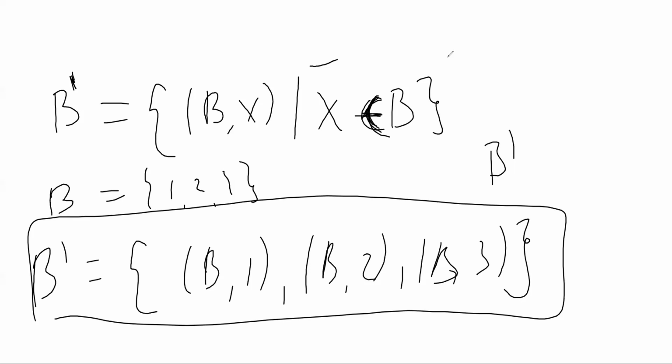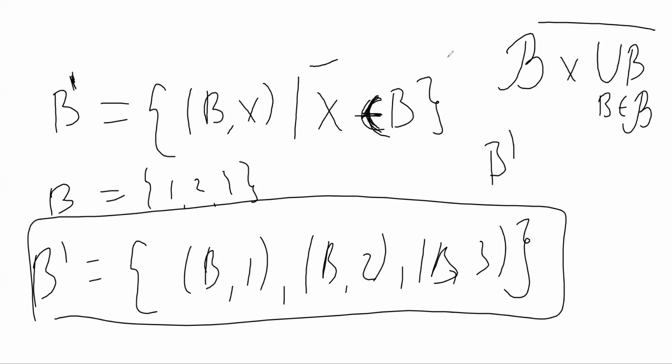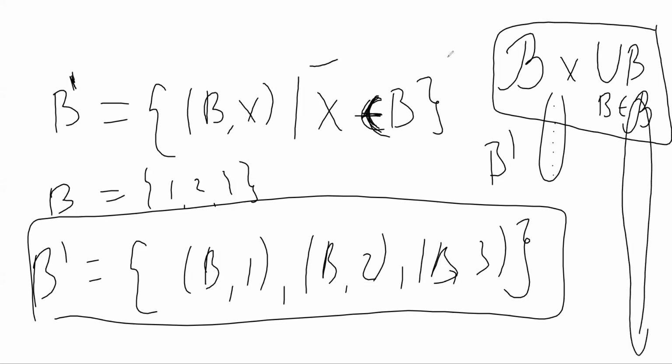Okay, and so basically the set B apostrophe would be a subset of a Cartesian product that looks like the collection of sets B with the union of B. What this Cartesian product means is that you're taking all possible sets which are in the collection B, and you're taking all elements of all of those sets, and you're taking all possible pairings of them together.